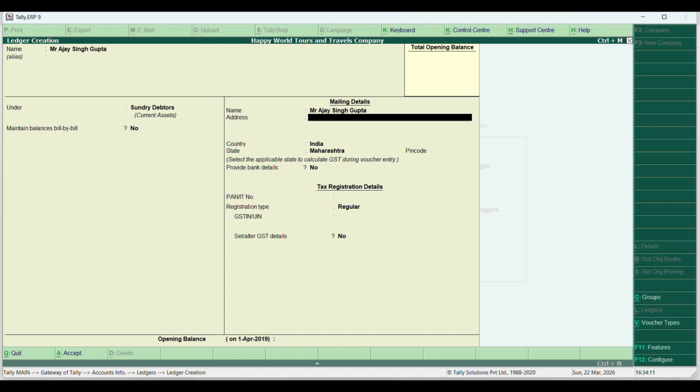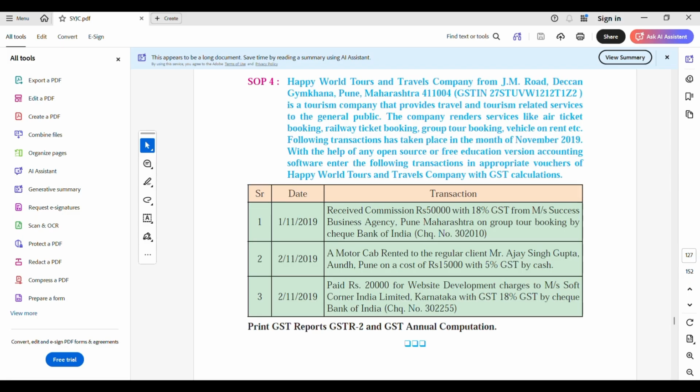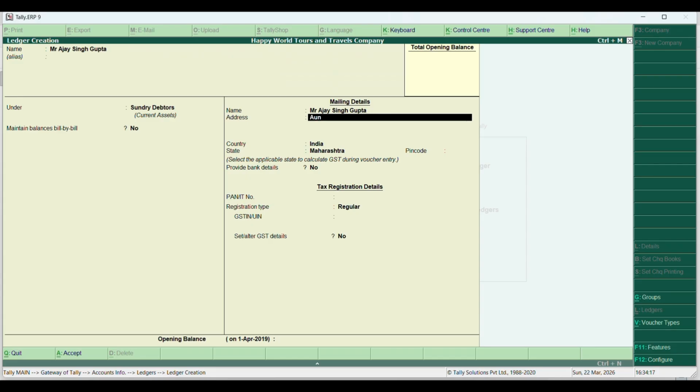And the address was Pune, Maharashtra. So give all the details as given in the question. Same, no pin code is given, GST TIN number is not given, rest all remains the same.